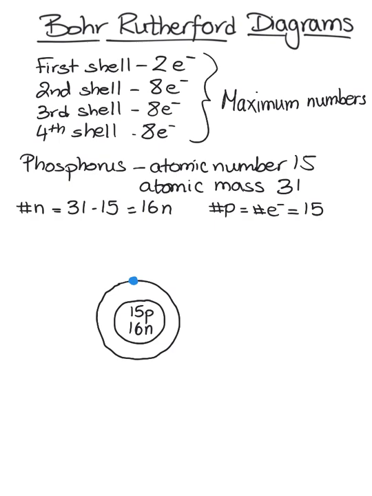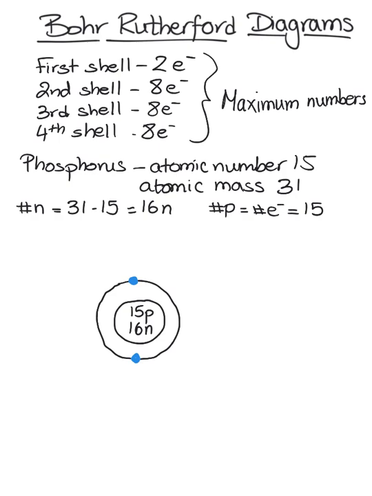So that's how we show 1 electron and another electron. And we know that our first shell, that's it. We can't put any more because our first shell can only hold 2 electrons. Now, we have a total of 15 electrons and we've only placed 2, which means we still need to arrange 13 electrons in other shells.